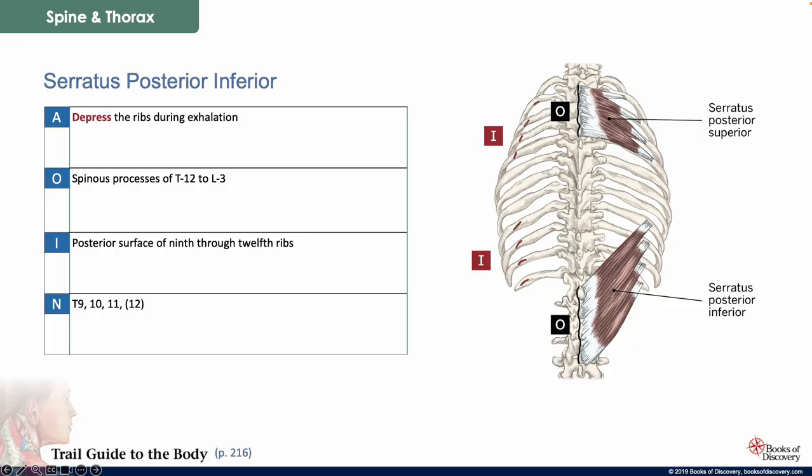So one does the opposite. Originates on spinous process T12 through L3, runs across diagonally, and connects onto the posterior surface of your ribs 9 through 12. So it's even hanging out on a floating rib.